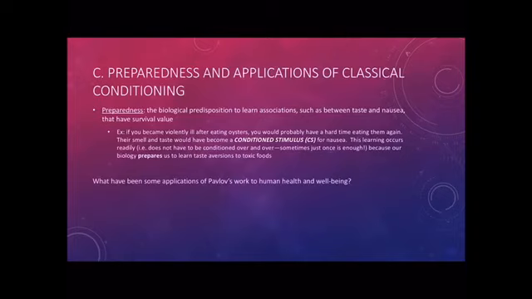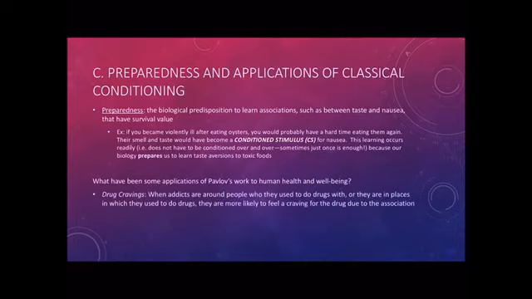Some applications of Pavlov's work. Drug cravings. When addicts are around people that they used to do drugs with, or they're in places where they used to do drugs, they're more likely to feel a craving for the drug use because they associate those people and those places with the use of drugs.